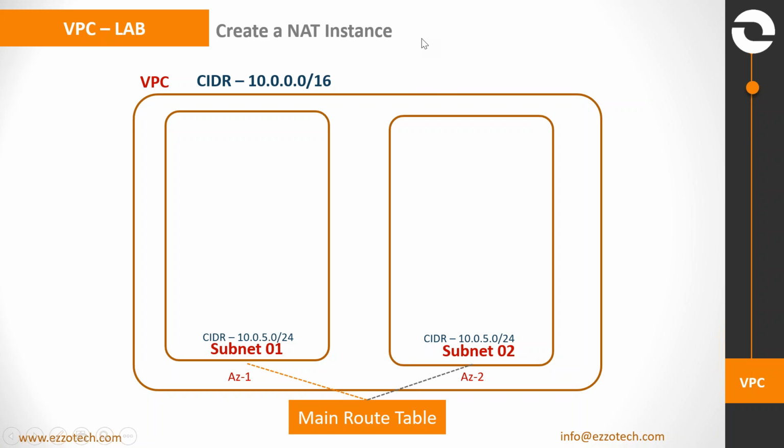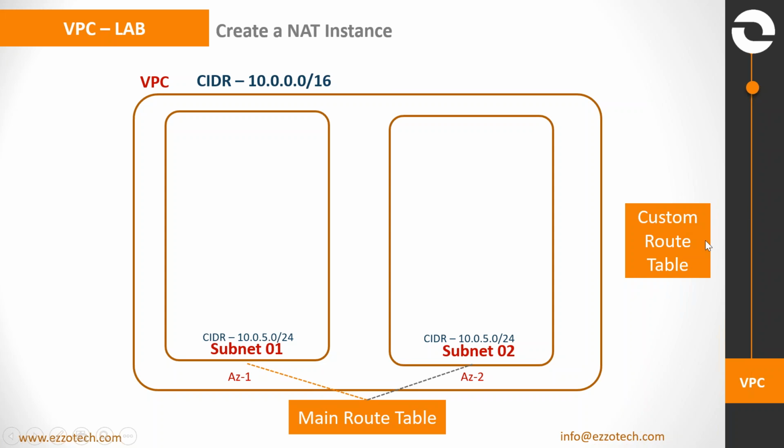We will create one more route table, and we call it a custom route table because we are creating an additional route table. When we create the custom route table, whatever route is there in the main route table will get copied to the custom route table.